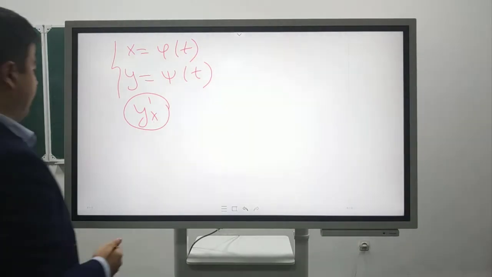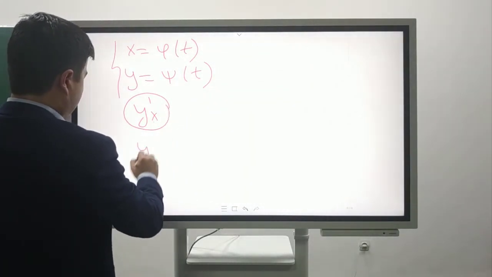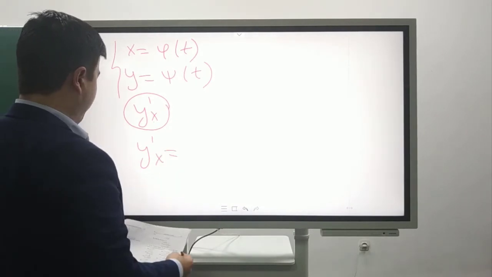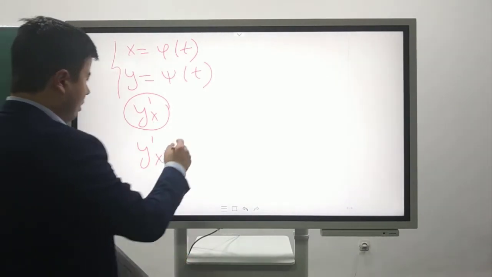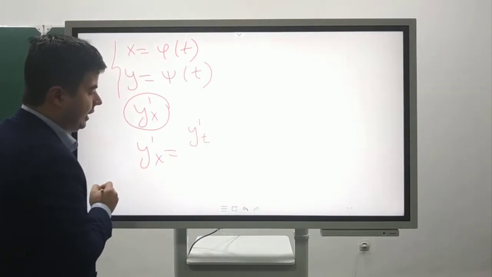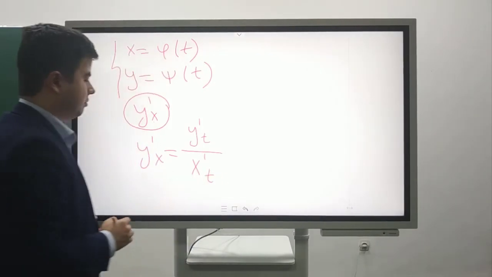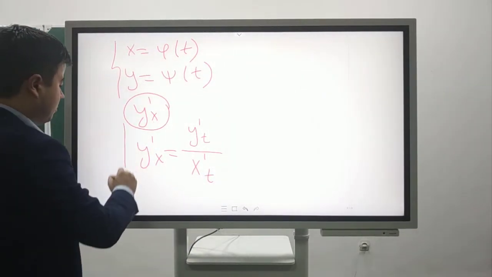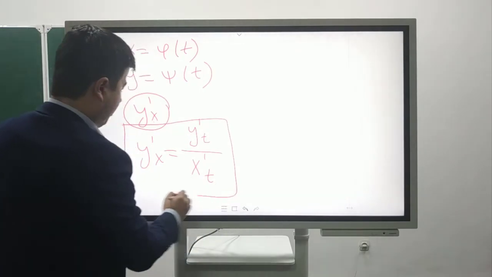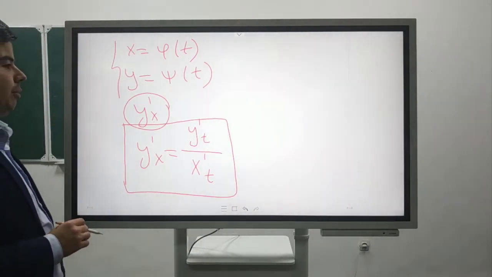Is it clear? So y is a function of x. And now, in this case, how to find it? It is by the following formula: the derivative of y depending on t over the derivative of x depending on t. Using this formula, we can easily find the derivative of a function represented parametrically.